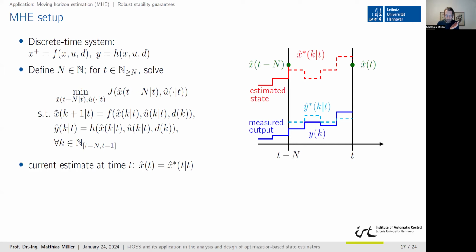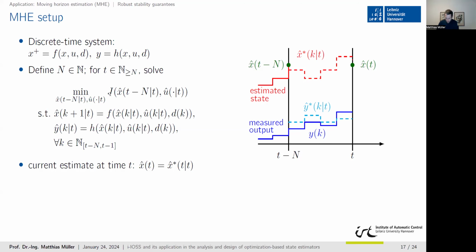Of course, the estimated state sequence has to satisfy our model of the dynamics. Then I also compute the estimated output corresponding to that estimated state sequence, given just by the output maps along the estimated states and disturbances. And as I mentioned before, the current estimate at time t, x hat of t, I just denote by the endpoint of the optimal solution, so by x hat star of t given t.